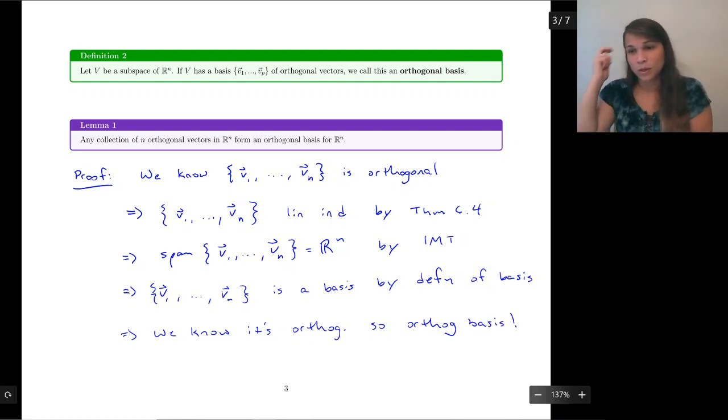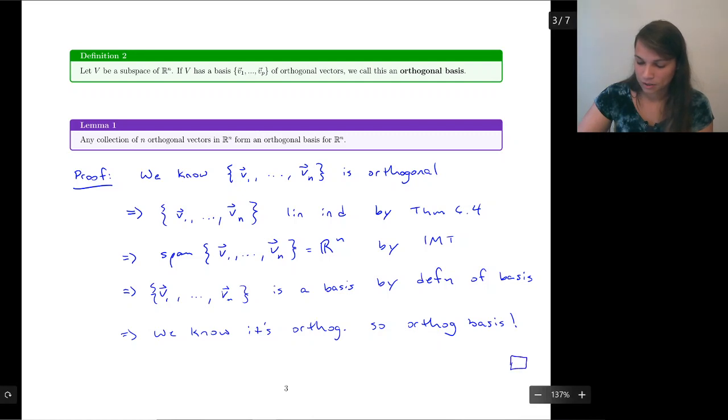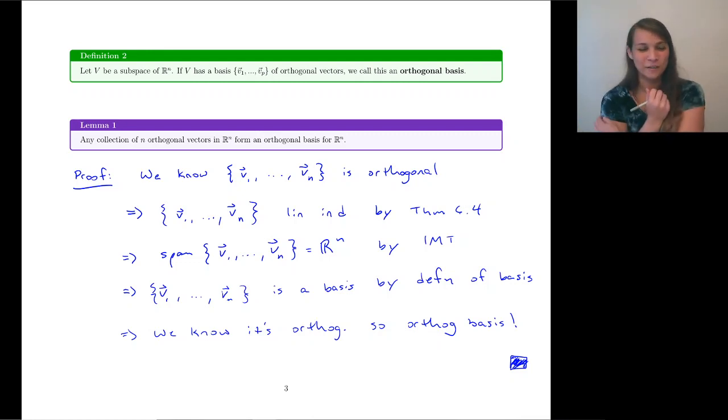All right, so we have an orthogonal basis. Falls out pretty quickly from the last. I probably did more steps than necessary, but I really wanted to break it down super slow.